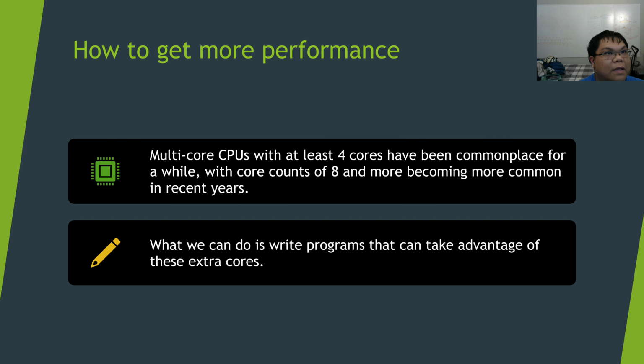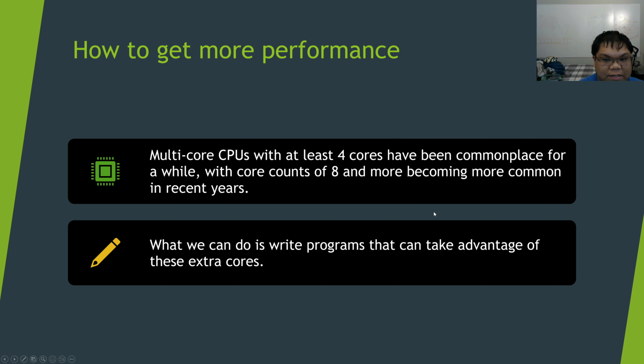Back in the mid 2010s, there were CPUs that more or less maxed out at 4 cores for ordinary consumers, with higher core counts typically reserved for high-end desktops and servers. And it's only recently that 8 cores has become more and more commonplace. So what we can do is write a program in such a way that it can take advantage of those extra CPU cores.